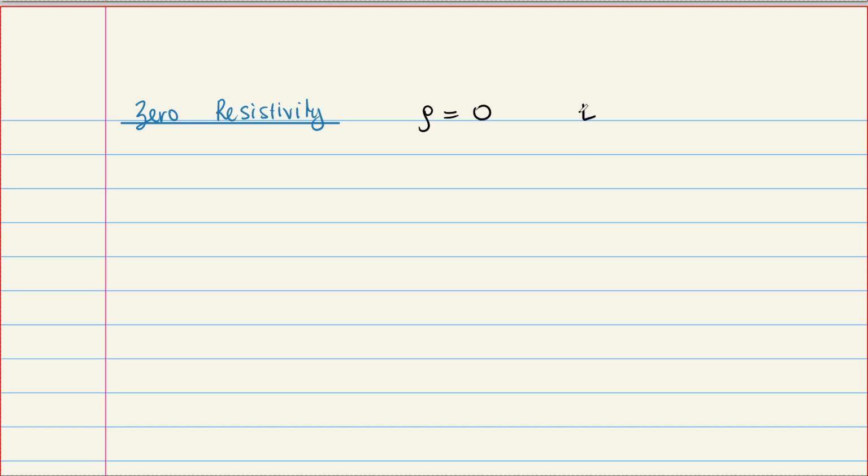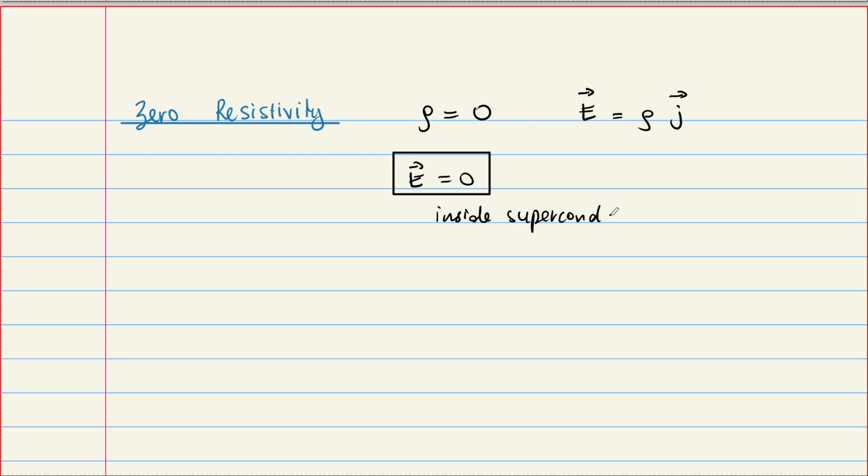In that case, the electric field is equal to rho times J. That means if rho is equal to 0, E is equal to 0 inside a superconductor. But J doesn't have to be 0, right? There can be a finite J without an electric field.